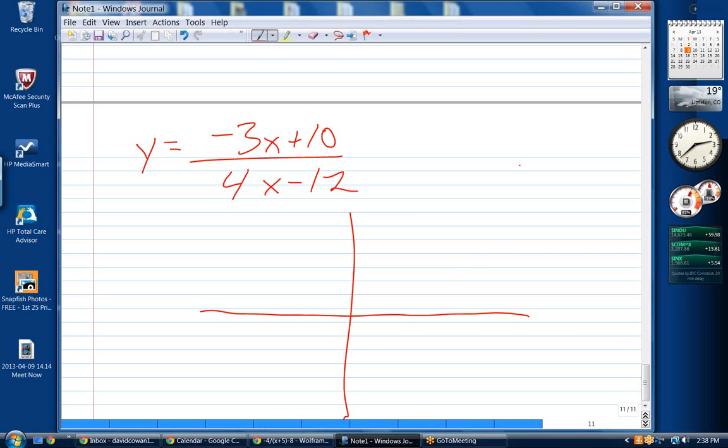It's whatever x makes that denominator 0. And the horizontal asymptote? Negative 3/4. And let's find a point.